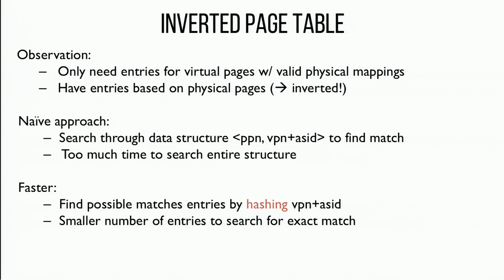So it's just like a hash table to help you get the translation of virtual page number to physical page number. And you only have to have as many entries as you had physical pages. If you can't find the translation in the structure, that means it's not a valid translation.